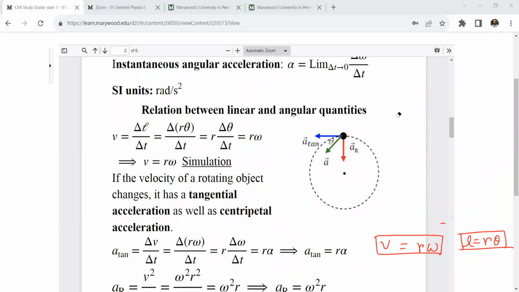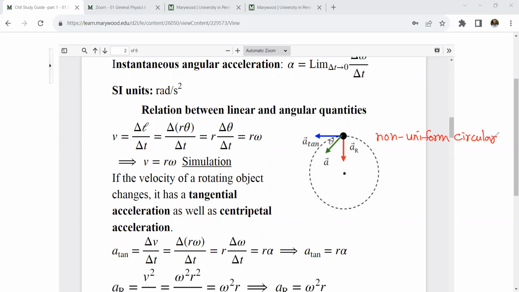Now the next thing is the relationship between accelerations. We have two types of acceleration when an object is moving in a circular path. Let's consider just the non-uniform circular motion. I've already discussed this earlier in chapter 5, so I'm not going to discuss it again.